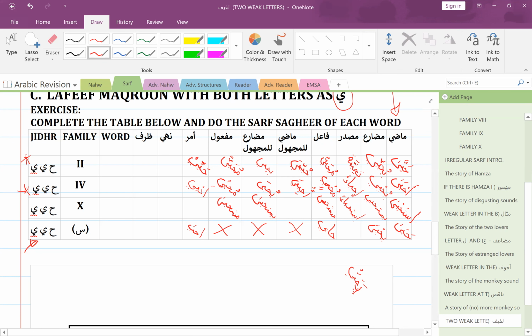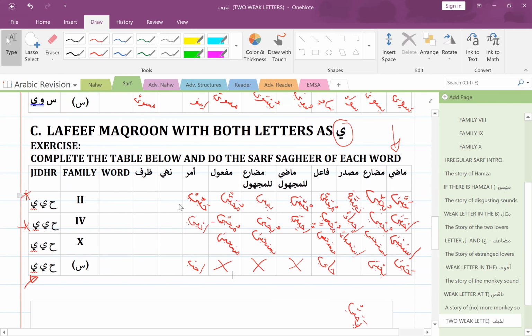So that's basically the Lafeef Maqroon. I would prefer, if you encounter a Lafeef Maqroon with both, just do it naqis. It's going to save you a lot of issues, because sometimes they do naqis in some places and muda'af in others. When you do naqis throughout, you're sure to get it right. Unless you know that in the Madi, for example, they like to use hayya, which is muda'af, and then in other places they use naqis.